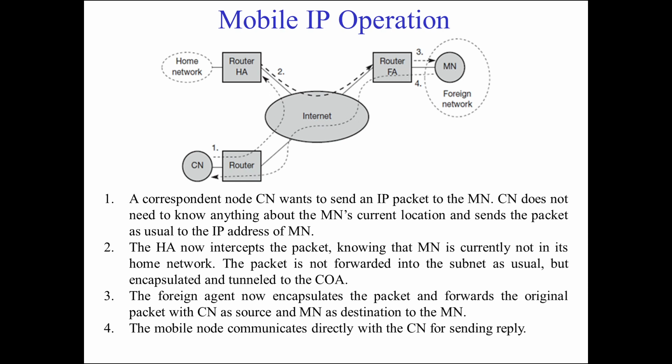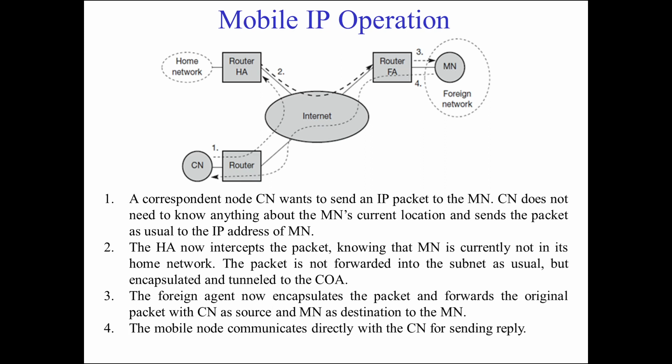The foreign agent will simply open the packet and forward it to the mobile node, and the mobile node will open the packet and use it, and it will come to know about the correspondent node, meaning who is communicating with it. Then the reply will be sent directly to the correspondent node.